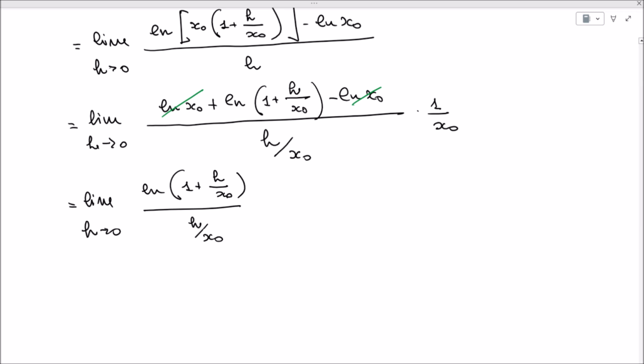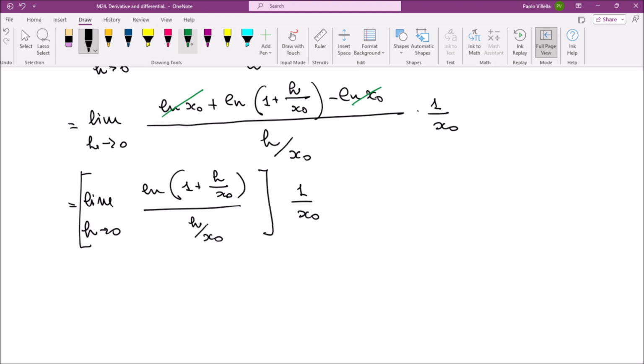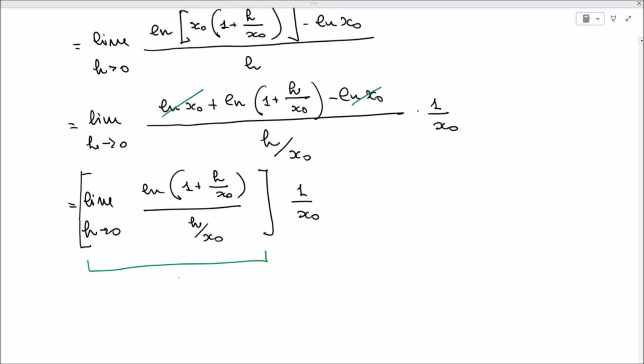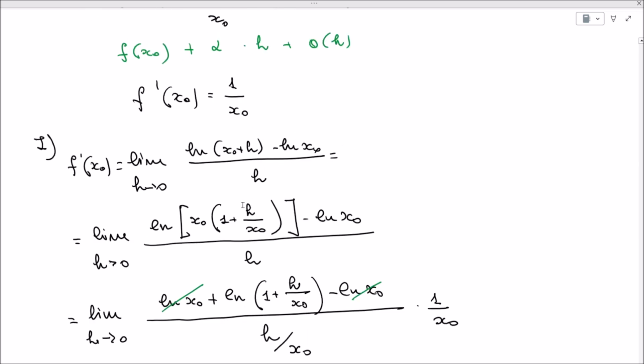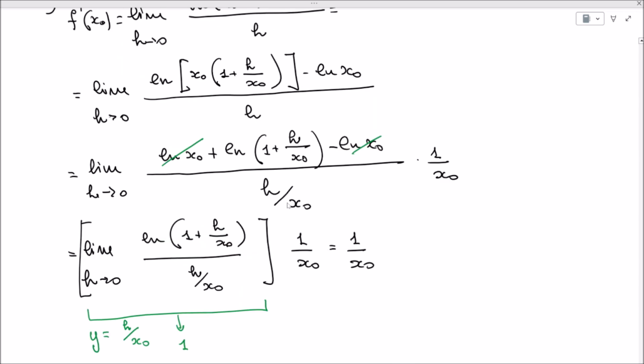And this, of course, is all multiplied by 1 over x naught, which is just a constant. And we see that this limit is clearly 1 with an easy change of variable y equal to h divided by x naught. So finally we have that this limit is 1 over x naught, which is exactly the same result that we had before.